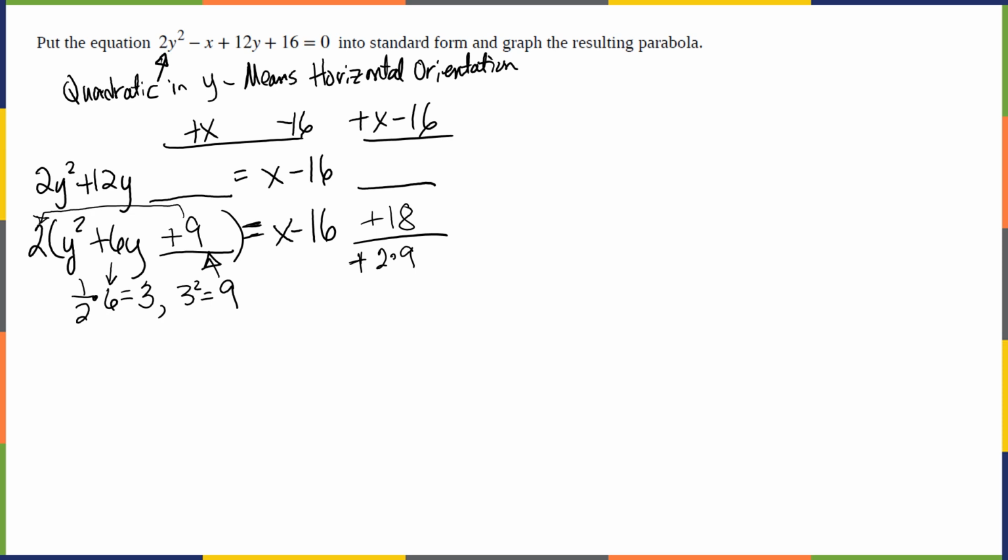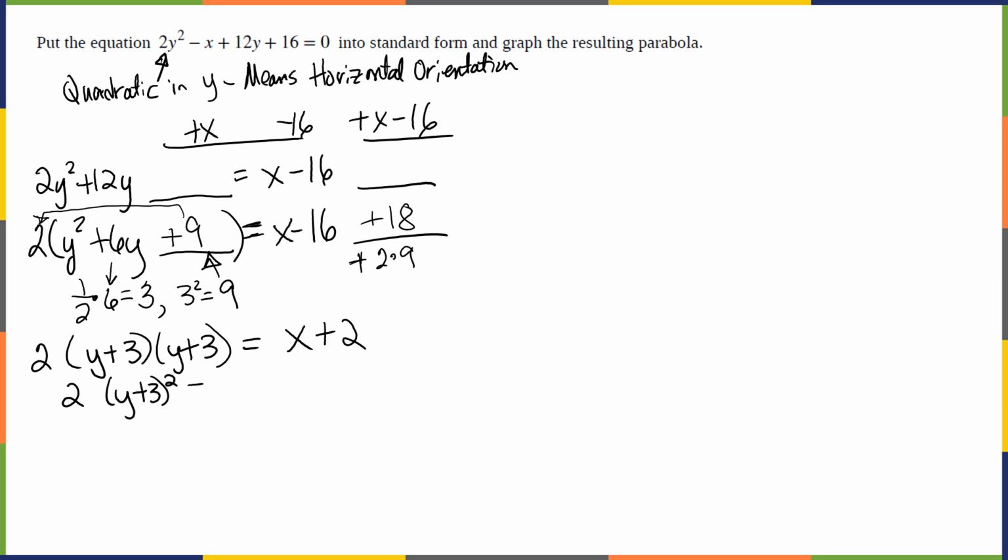Now we can continue to factor the expression on the left. This will be 2 times y plus 3 times y plus 3 equals x. Combining the negative 16 plus 18 makes 2, which then gives us 2 times y plus 3 squared equals x plus 2.